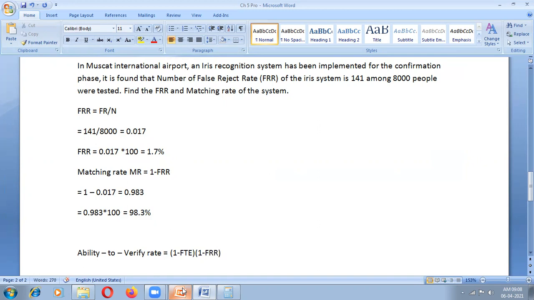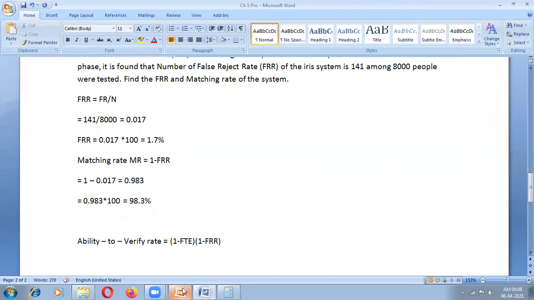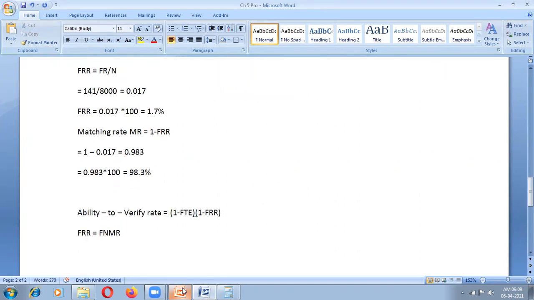And the FRR is equivalent to the false non-match rate. This is the general formula.